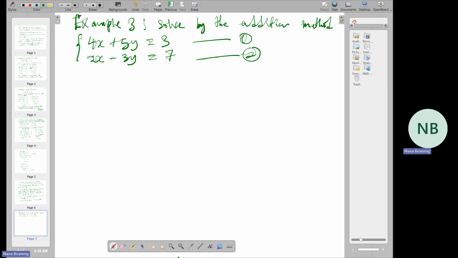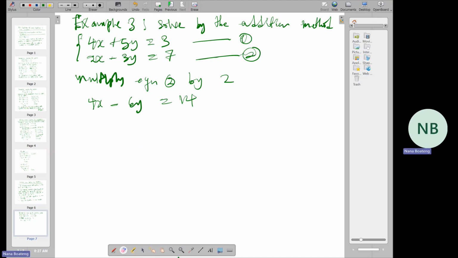So if we multiply equation 2 by 2, we have a third equation, 4x minus 6y is equal to 14.